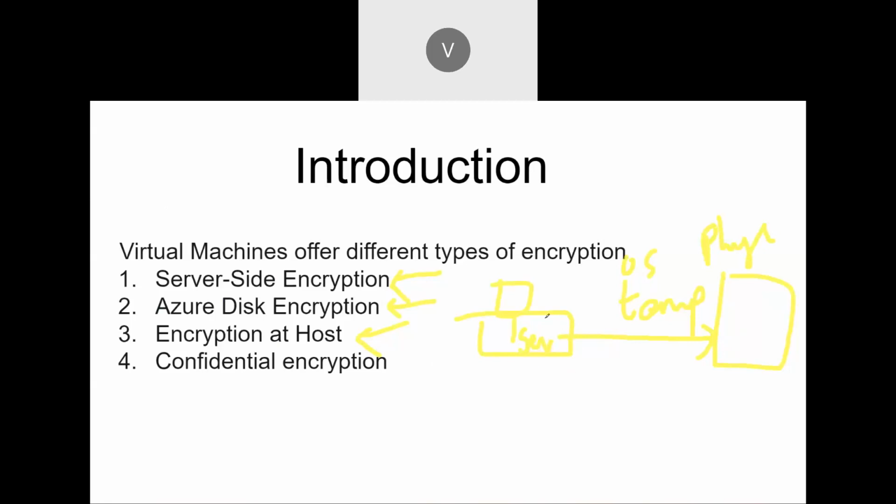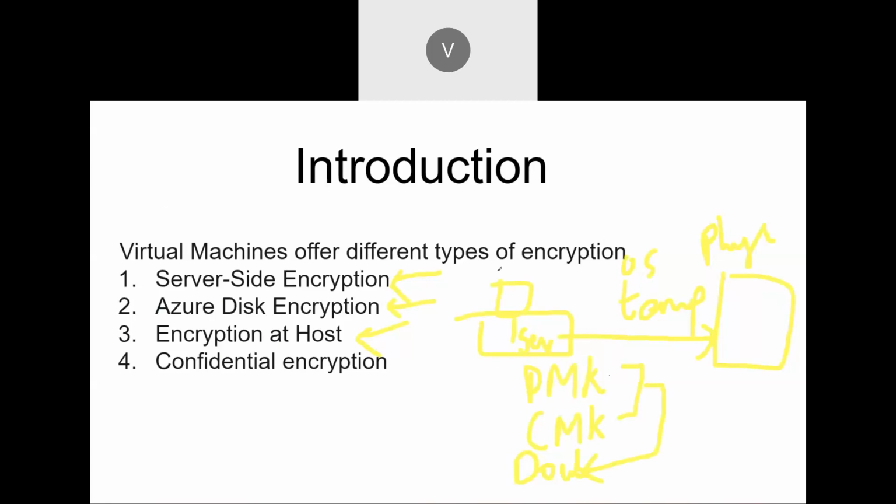One is PMK, platform managed keys, which means Azure will manage the encryption keys, and using those keys you encrypt the data and then store it. Otherwise, you use CMK, customer managed keys, where you bring your own keys and use them to encrypt the data. The server will encrypt the data and store it in the physical storage location of Azure. Otherwise, we can use double encryption, using both keys, and they'll encrypt the data and then store it in the physical location.